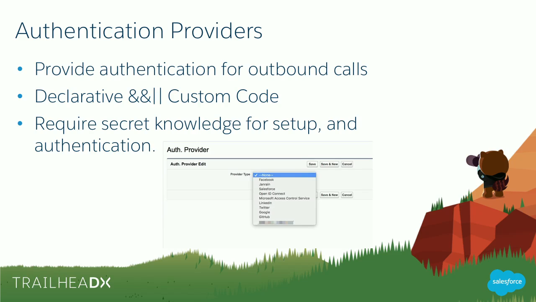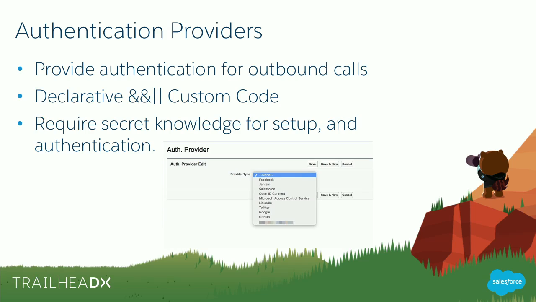And you can set these up declaratively. There are several, including this list here: Facebook, Janrain, Salesforce, OpenID Connect. But if you want to do your own, let's say you've got an OAuth 2 implementation that's not standard, you can create your own in code. So you can either choose from the drop-down, declare an authentication provider, put in your information, do it all declaratively, or you can actually write one in code.